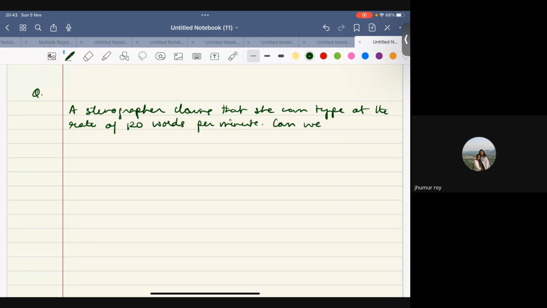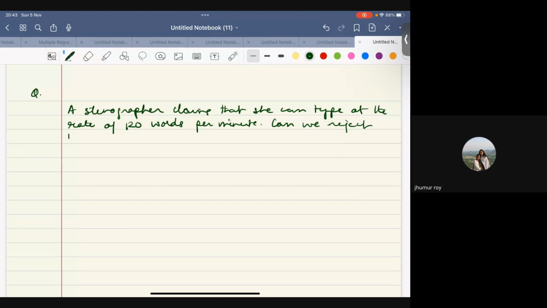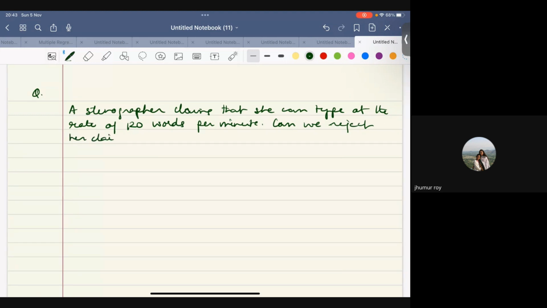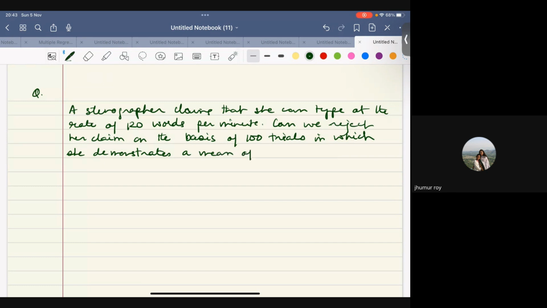Can we reject her claim on the basis of 100 trials in which she demonstrates a mean of 116 words with a standard deviation of 15 words?